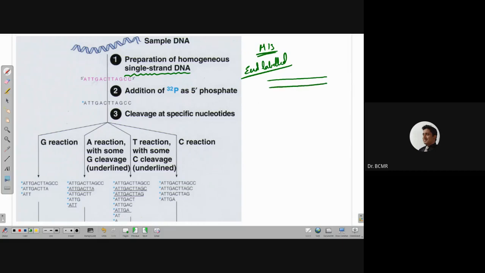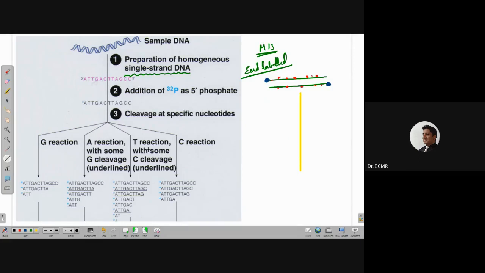If you want the label to be anywhere all over the DNA, just anywhere you wanted it, that is random labeling. If you are looking to label only on one side, one end, that is called end labeling.